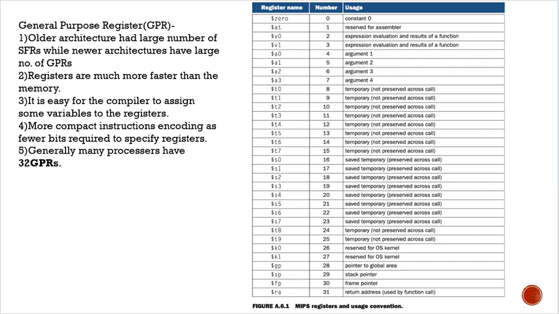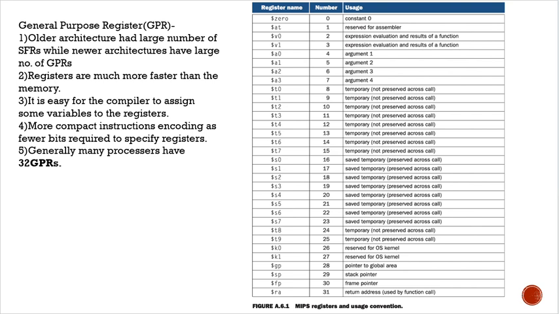This is the list of 32 GPRs with the register number, name and their use. You can refer. For example, register 0 is used to store the constant value. There are some temporary registers from register number 8 to register number 15.